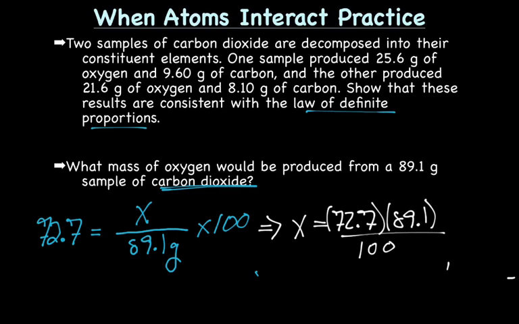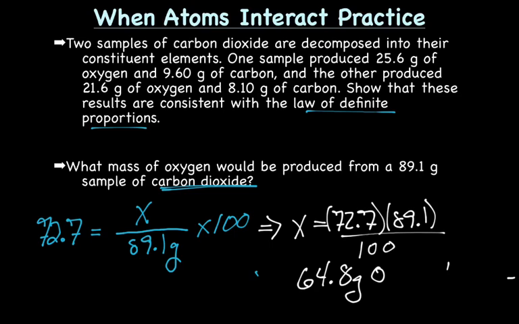So let's check that out. When I calculated that, I actually got 64.7757, but with the right number of sig figs, 64.8 grams of oxygen.